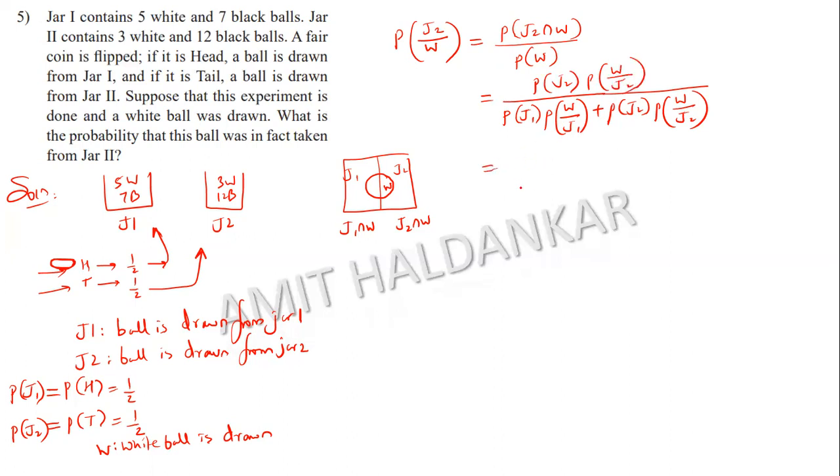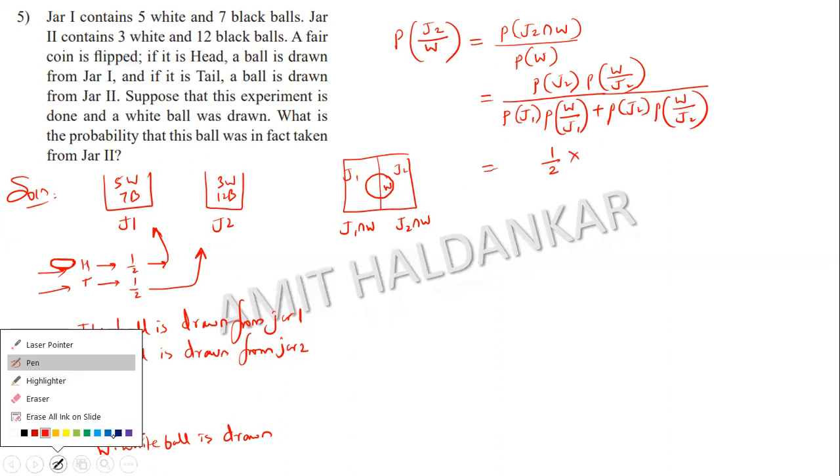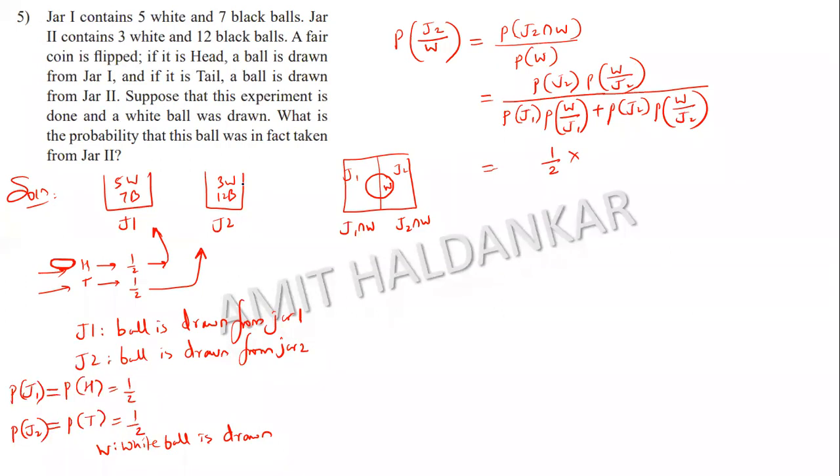Now P of J2 and J1 you already know, that is it is half. Okay. Now what is W by J2? W by J2, if I look at it, from jar 2, if I want white, it is obvious that it will be from jar 2. I have how many whites over there?